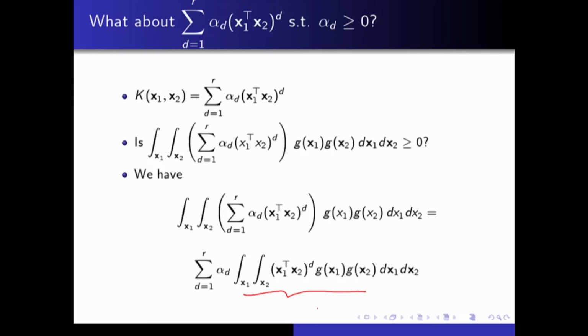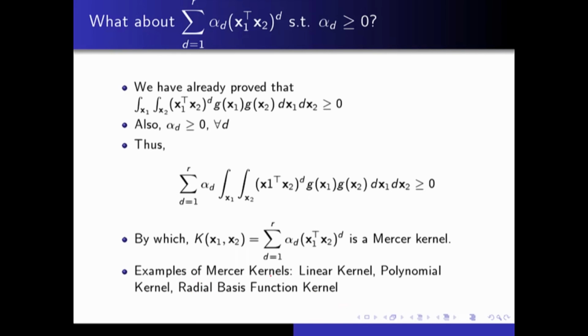Well, this was guaranteed to be positive or non-negative, so entire sum should be positive or non-negative because we know that the alpha d's are non-negative. So we have shown that the summation is a Mercer kernel.